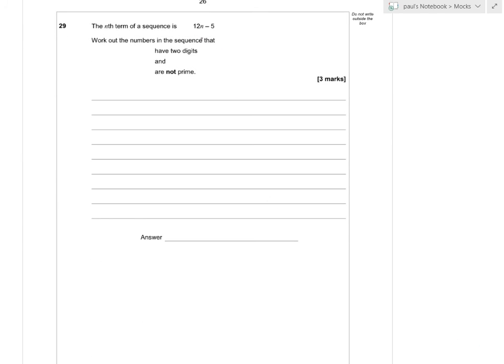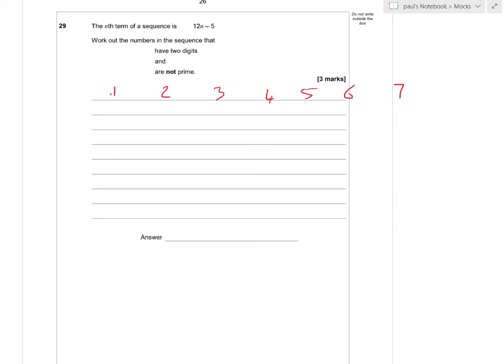The nth term of a sequence is 12n minus 5. Work out the numbers in the sequence that have 2 digits and are not prime. So 1, 2, 3, 4, 5, 6. I don't know how many we've got to do here.